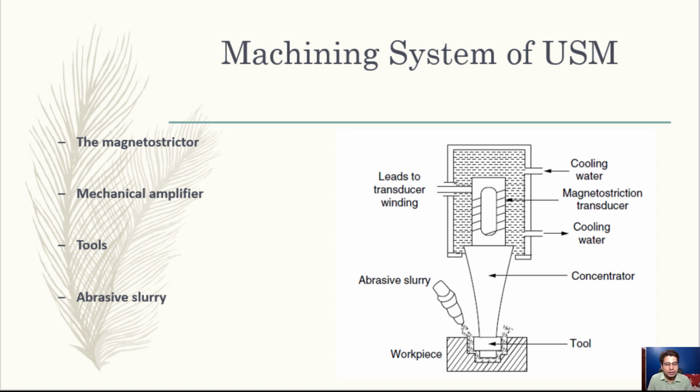Silver and chromium nickel steel are used for machining sintered carbides. During ultrasonic machining, tools are fed towards and held against the workpiece by means of static pressure that has to overcome the cutting resistance at the interface of the tool and the workpiece.